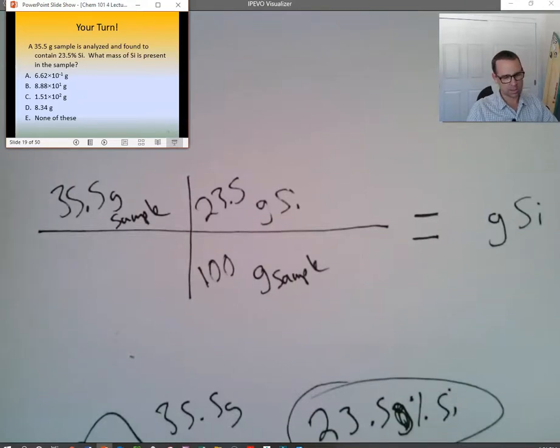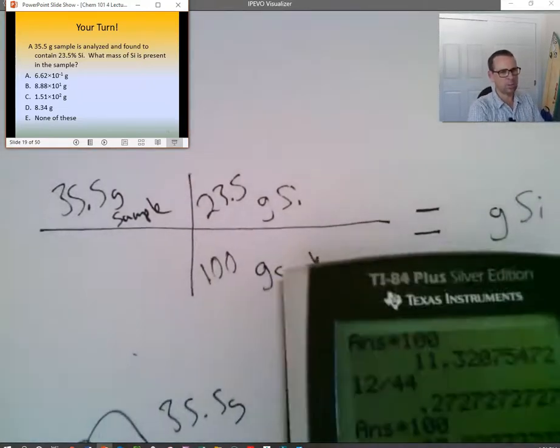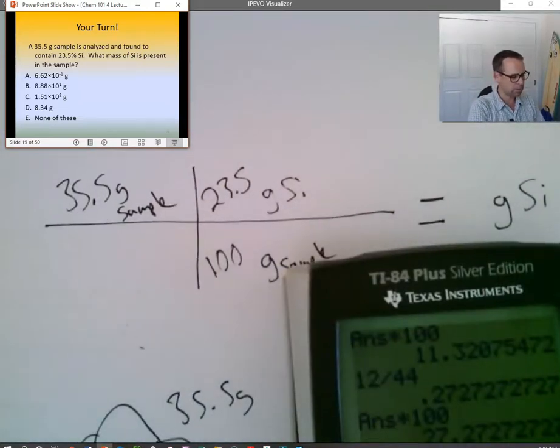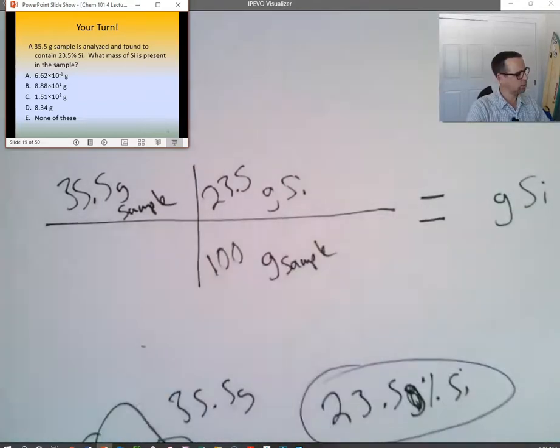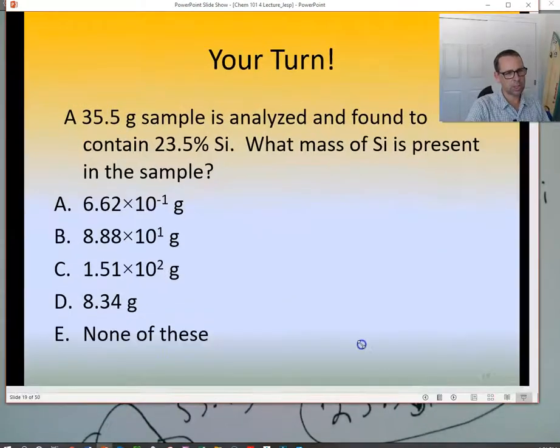Right? Because that's what percentage means. Very good. And then that would be how we would get our answer, right? We would just take our 35.5 and multiply it by the 23.5 and then divide by 100. So that's 8.34. Okay, good. So that gives us our answer.